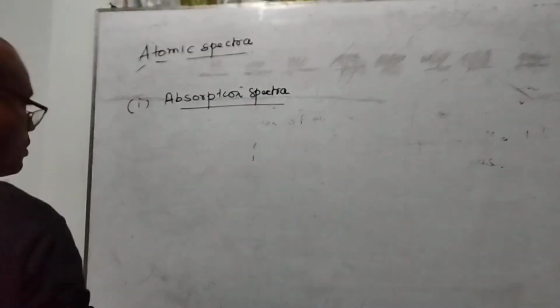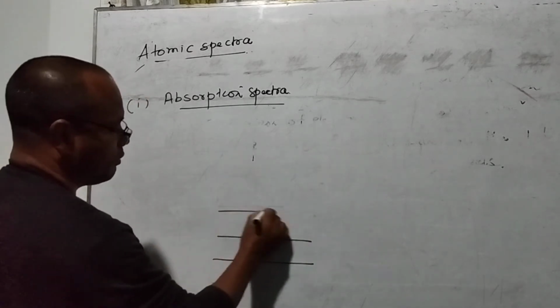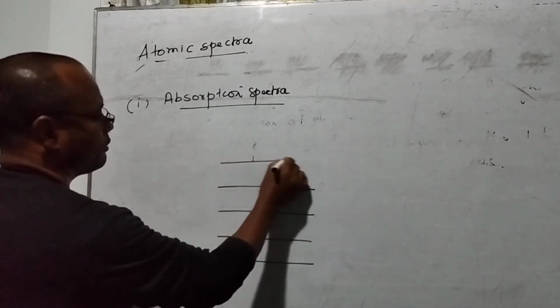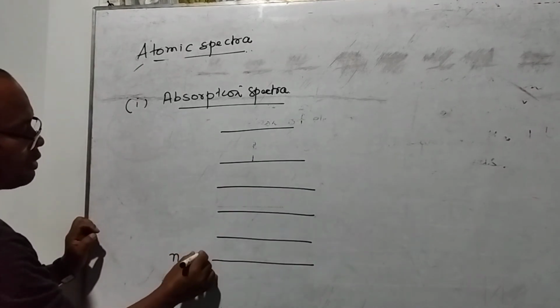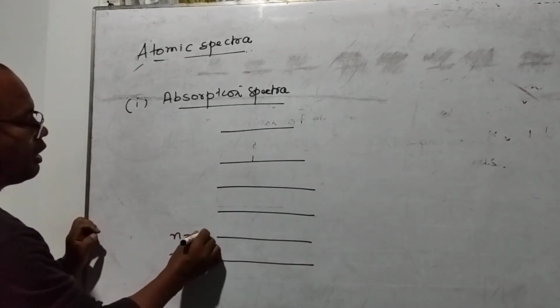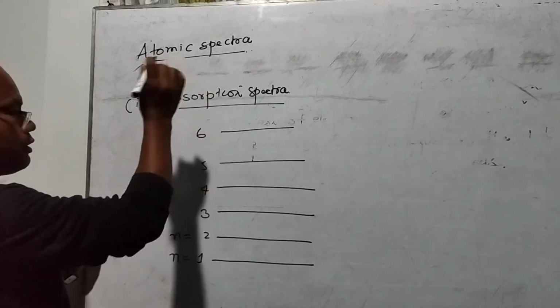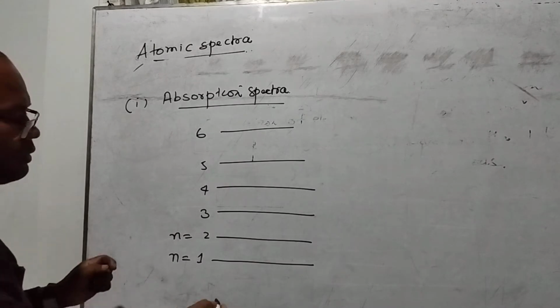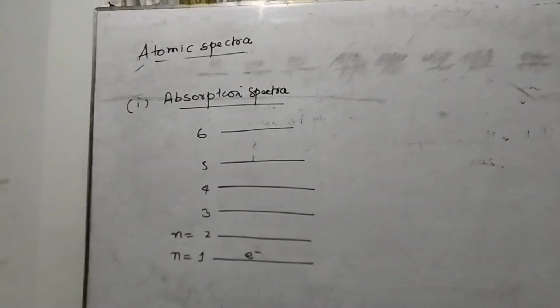See, these are the energy levels of our atoms. Here this is the lowest energy level 1, and 2, 3, 4, 5, 6 and so on. Take one of the electrons from the lowest energy level.